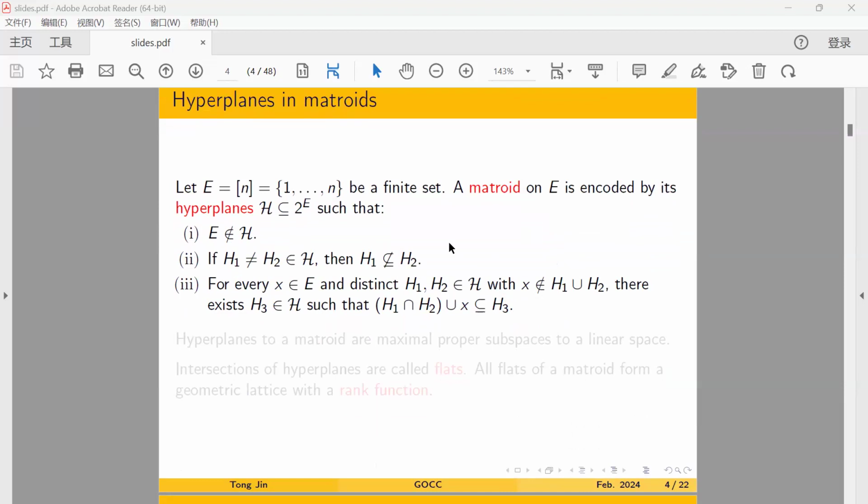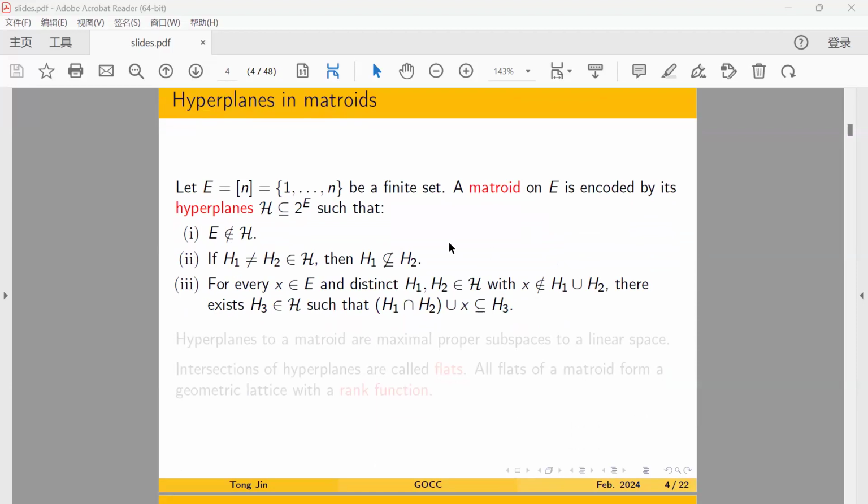The first one is the entire ground set is not a hyperplane. The second is if we have two distinct hyperplanes, H1 and H2, then they cannot be subsets of each other. So they cannot have H1 containing H2 or H2 containing H1.